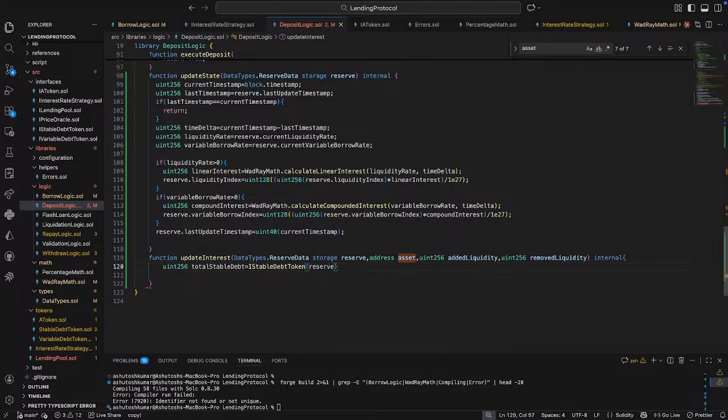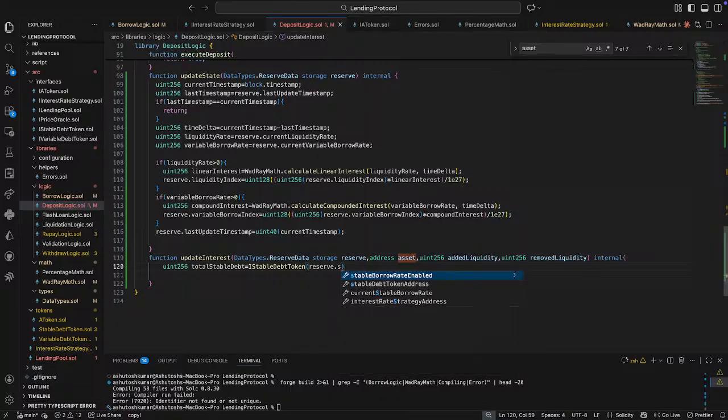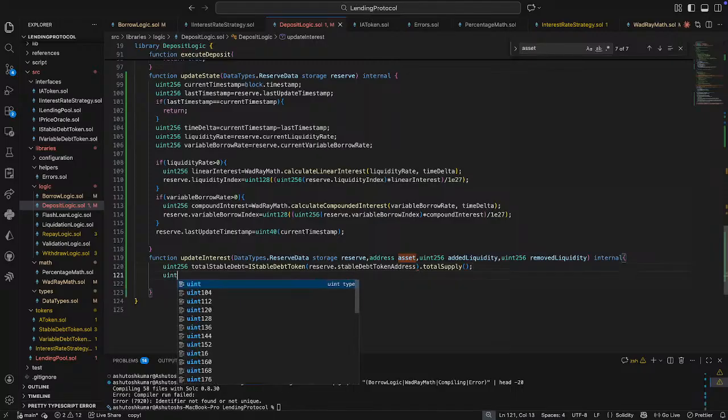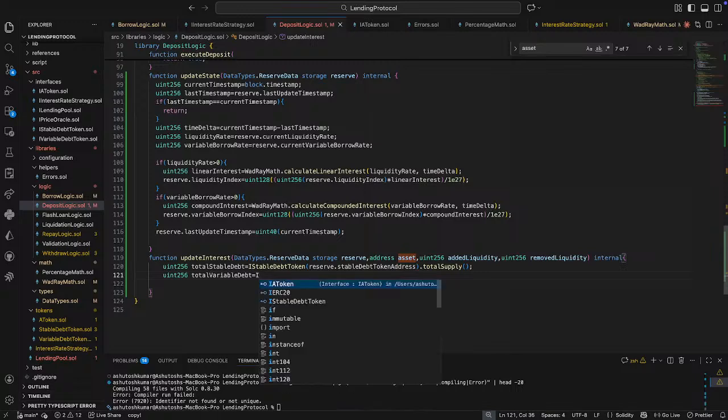Reserve dot a token address, stable token address. Total supply. We have to take total supply of total variable debt.